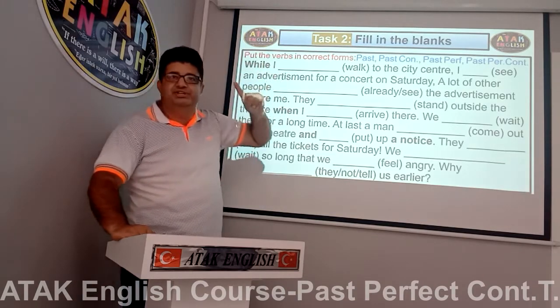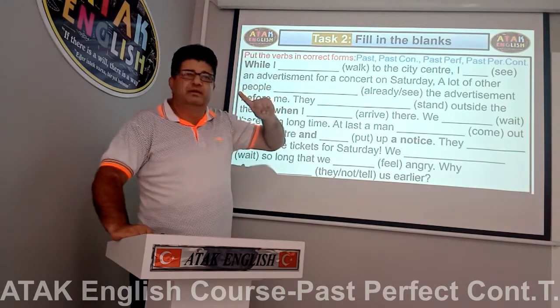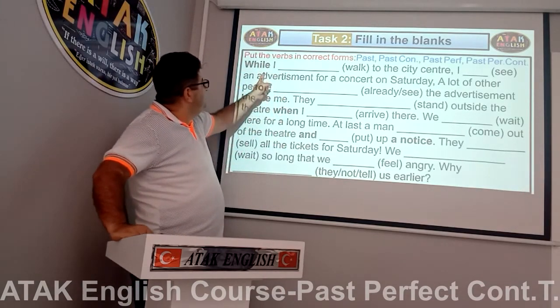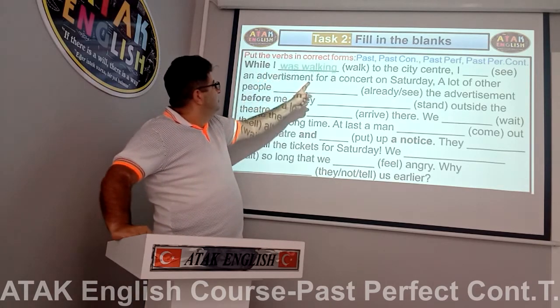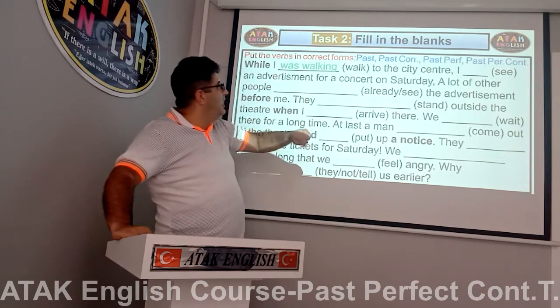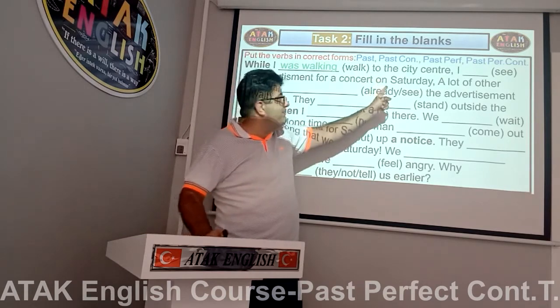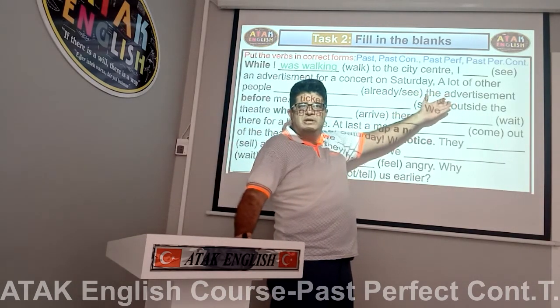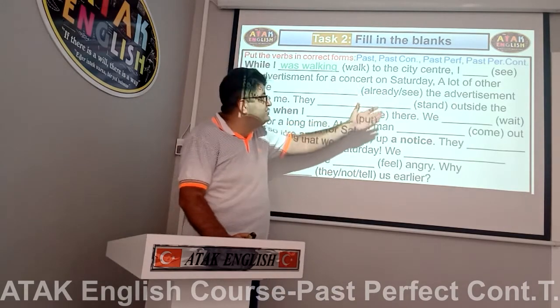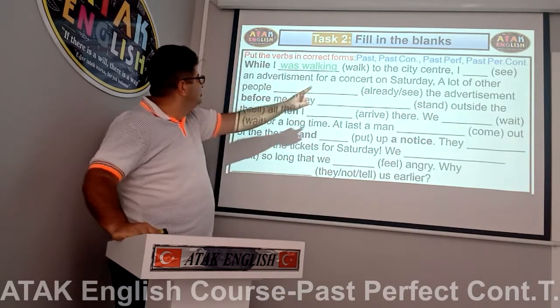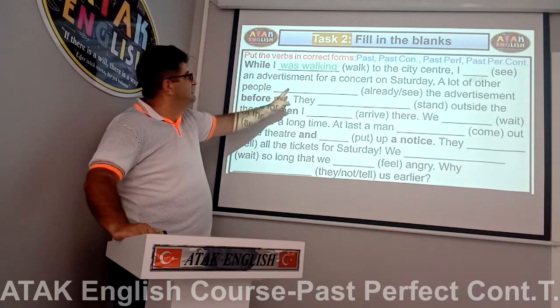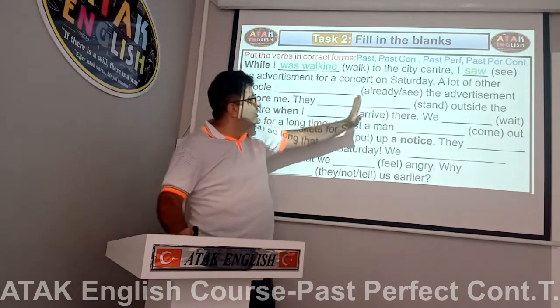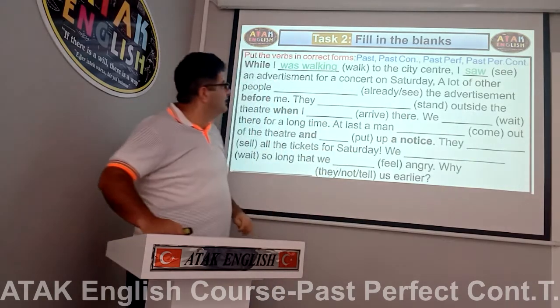The long action comes, past continuous. I was walking to the city center, and what should come after? The verb "see", so it's supposed to be a short action. I, simple past, saw an advertisement for a concert on Saturday.